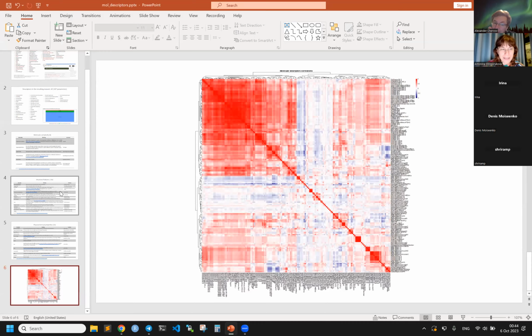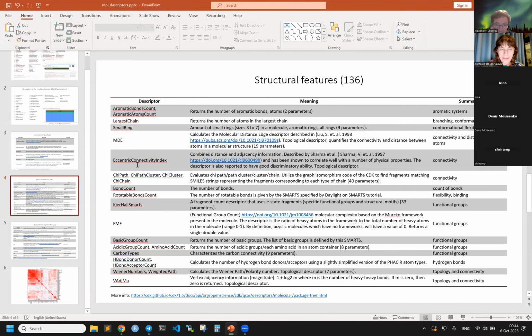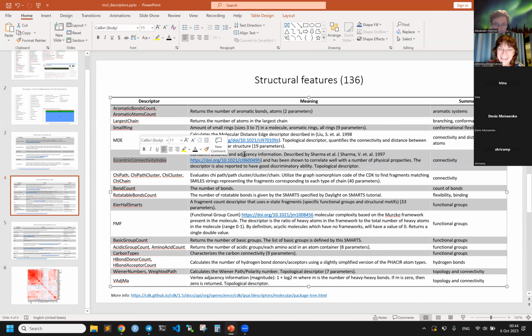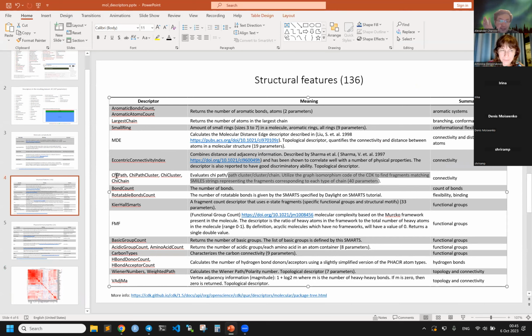Maybe, but I see from the descriptions there are duplicates, like this one about connectivity, and there are 4 others doing the same job. So I think you don't need all of them. You have to select one. I think if you do PCA, it will kind of take care of this automatically. Not very well, but somehow.